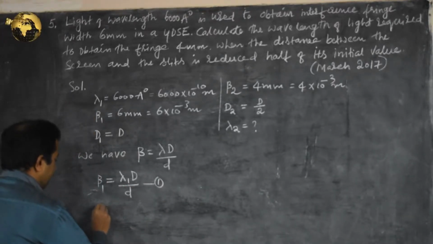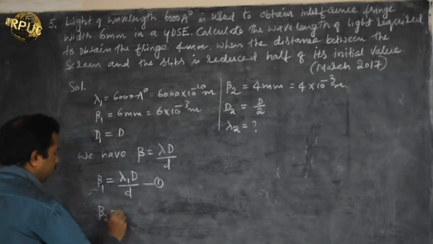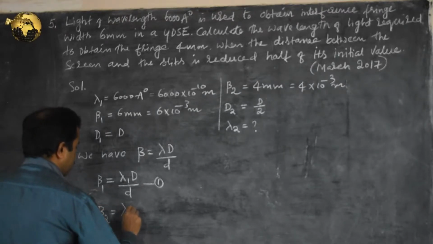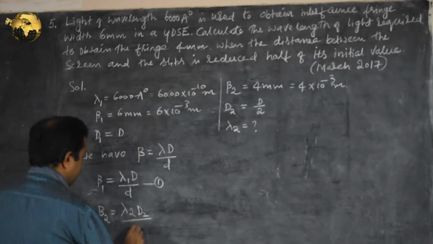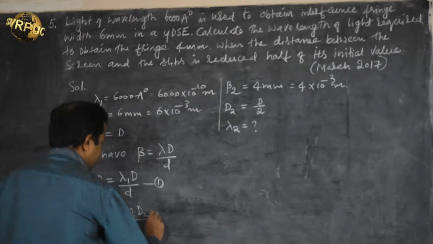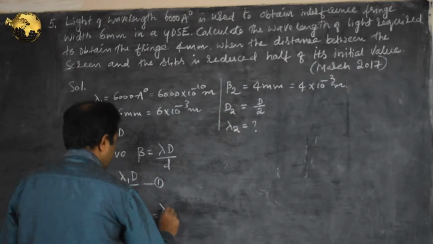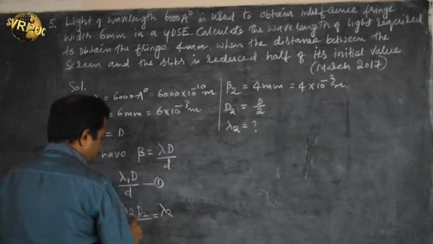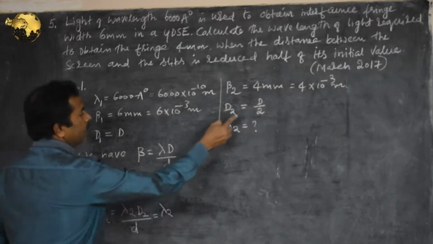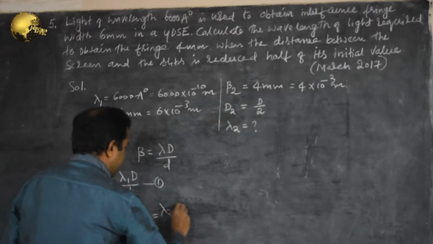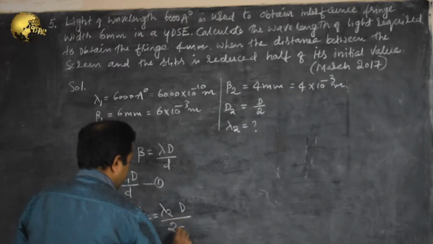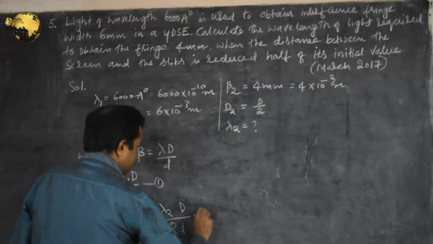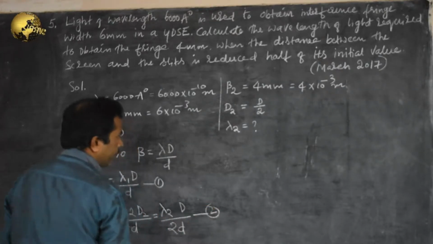In the second case, beta 2 is equal to lambda 2 into D2 divided by small d. This is equal to lambda 2 into D divided by 2, into d. So this is equation 2.